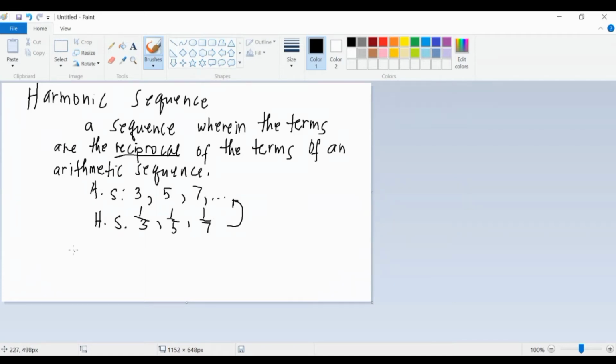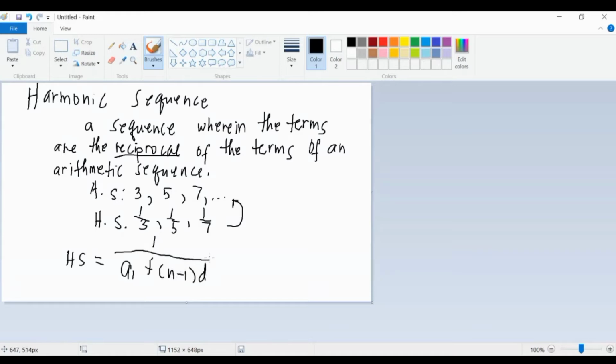So in harmonic sequence, we have a formula. We have HS, meaning harmonic sequence, wherein 1 all over, we have the a sub 1, the first term, plus the quantity of n minus 1 times d.